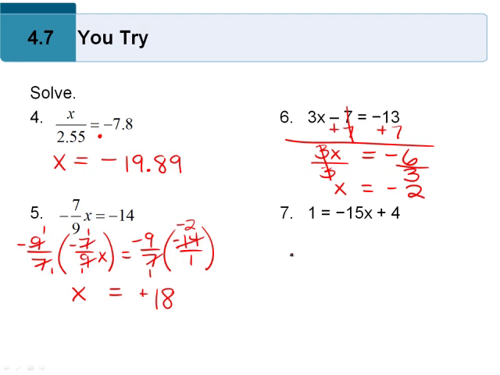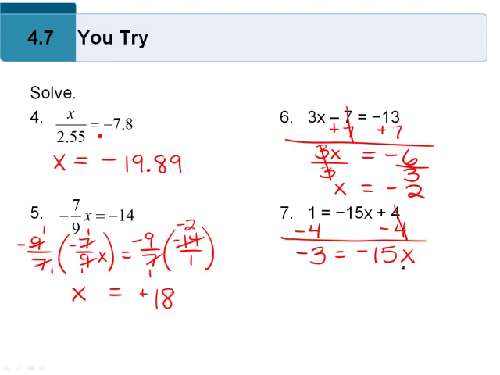Number 7, 1 equals negative 15x plus 4. So the first thing we need to do, get rid of that 4 because you want to keep the negative 15x there by itself for now. So we're going to subtract 4 from both sides. 1 and negative 4 gives me negative 3 equals negative 15x. The 4's have canceled. Now be careful. You still need to get rid of the negative 15.